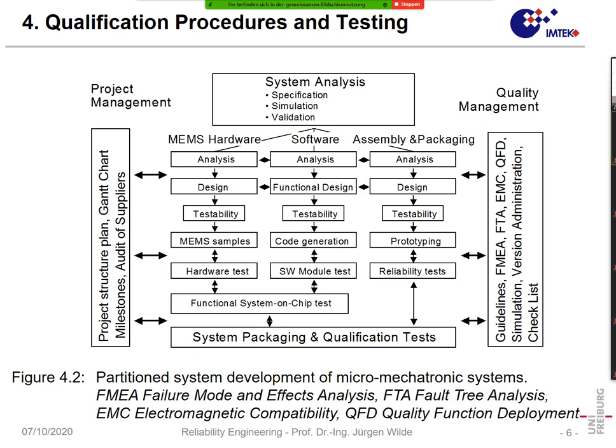If we look at the hardware, the mechanical parts, like a motor or so, you could say this hardware part is the duty of the mechanical engineers. Software is, of course, something for computer science people, and assembly and packaging is a special branch for people building electronic systems.